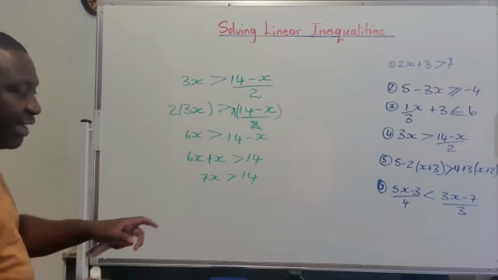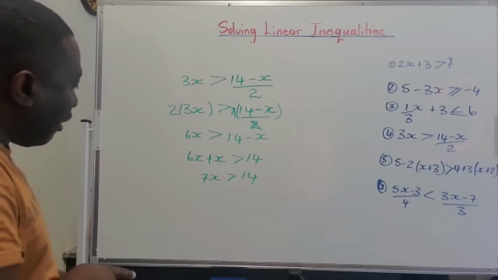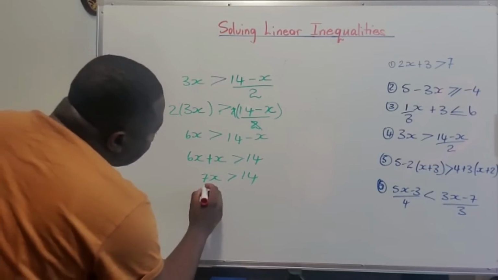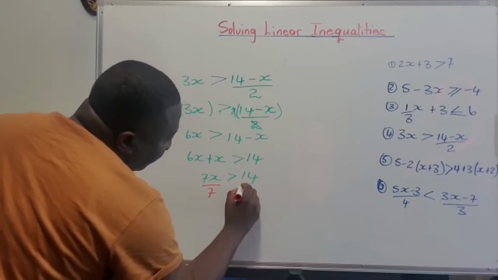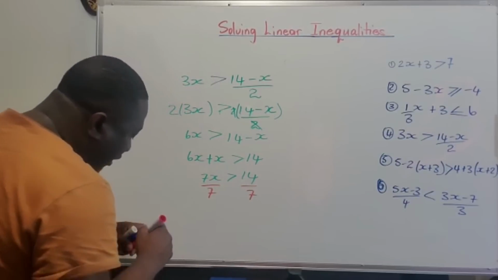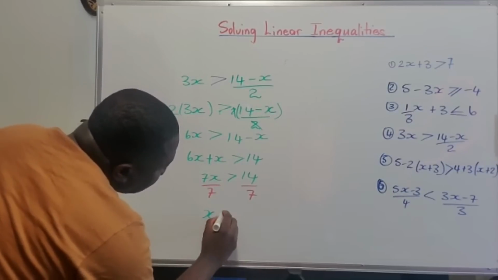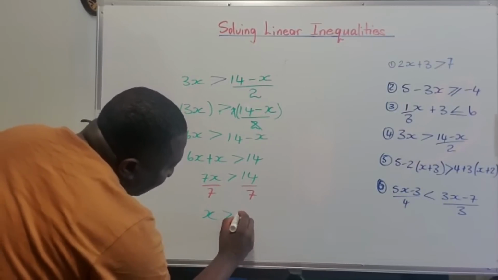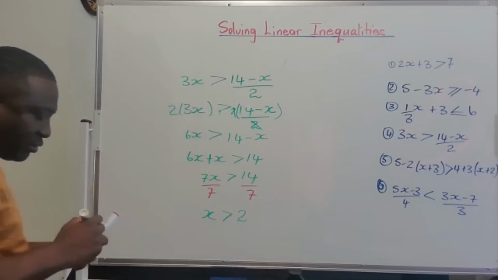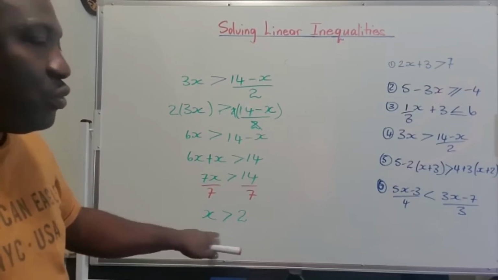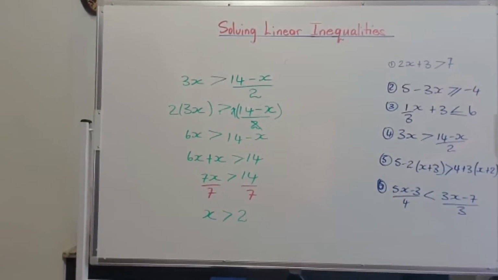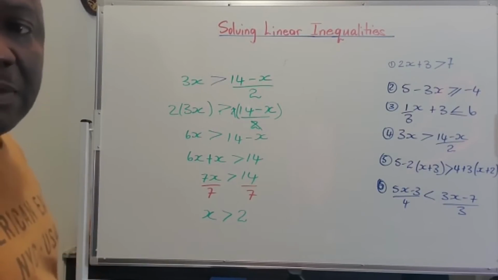We will be dividing by the coefficient of 7, so divide both sides by 7. Then x is greater than 2. So that is for our fourth problem.